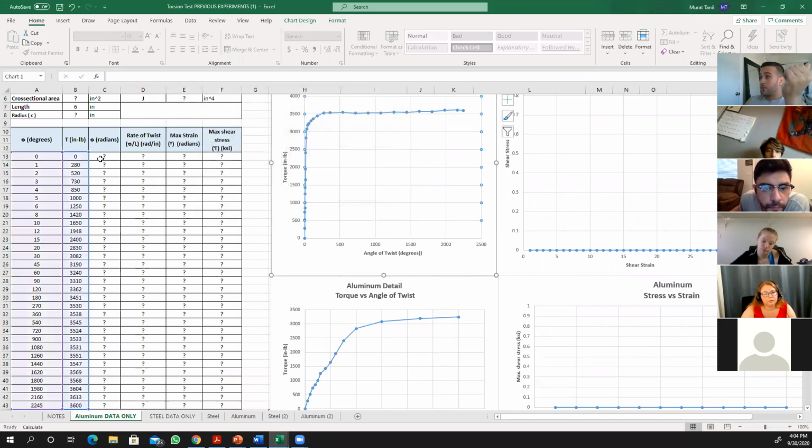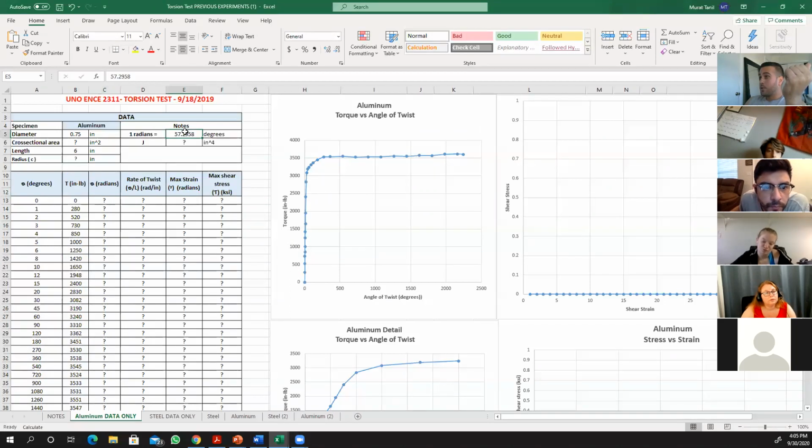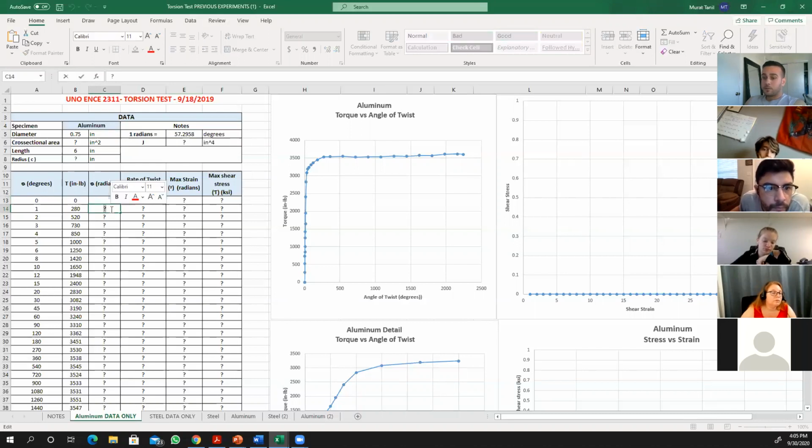And next, I have to calculate the radians using this equation. If the deformation is in degrees, 1 degree, and 1 radian is 57.29 degrees, select this 1 degree divided by 57.